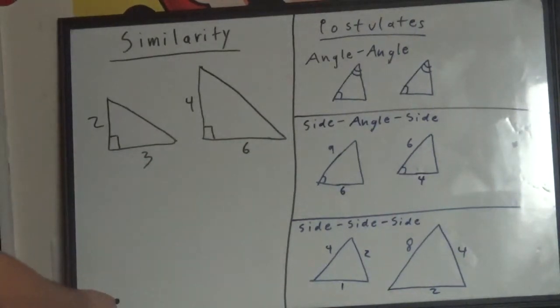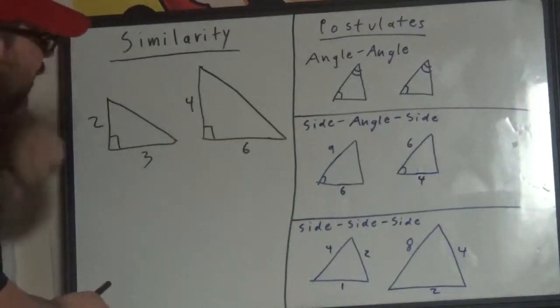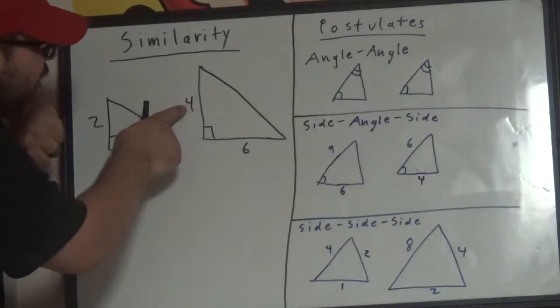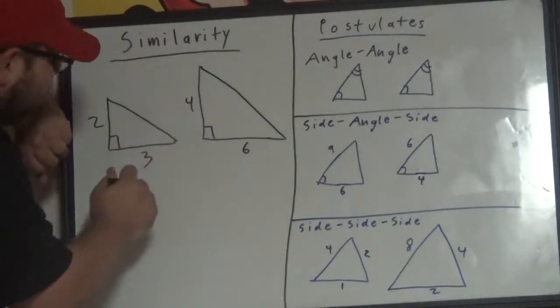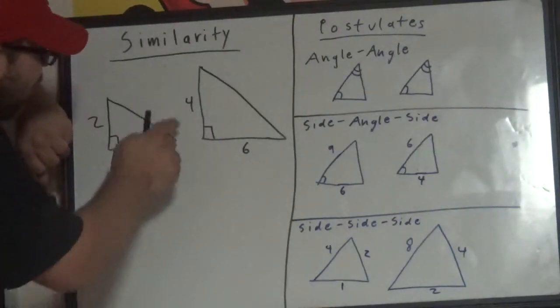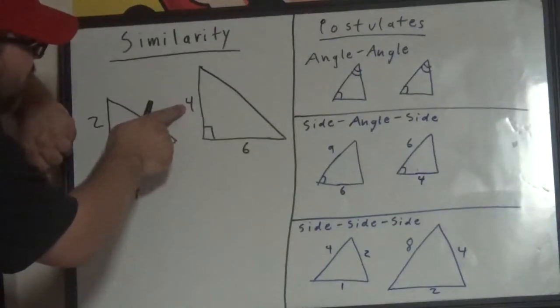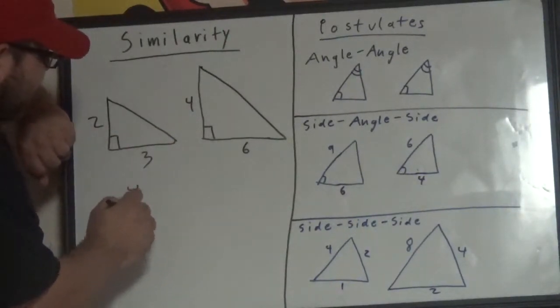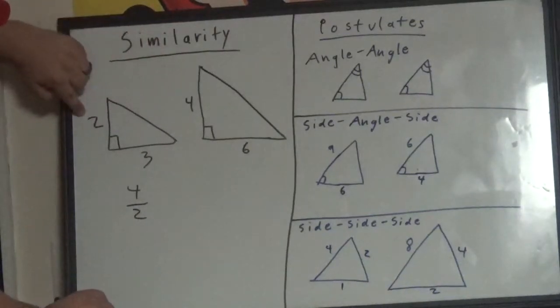We can check this by setting it up in a few different ways. The way I'm going to do it, I'm going to start with our larger triangle, and I'm going to take one of our sides and put it in a fraction over its corresponding side.